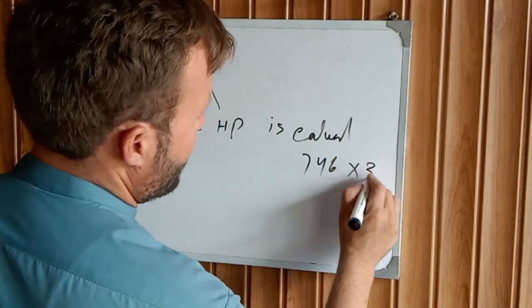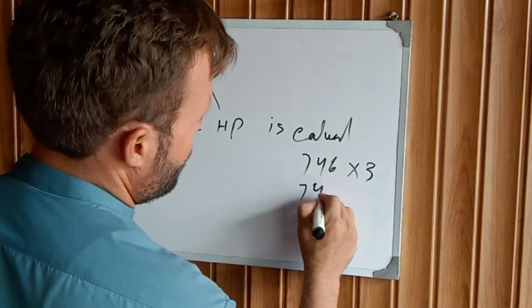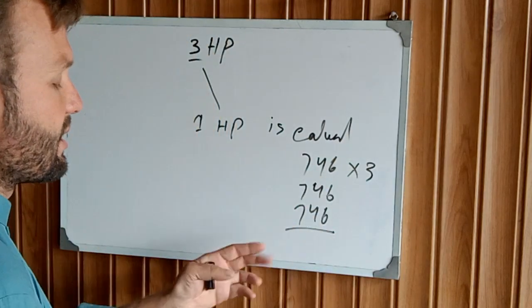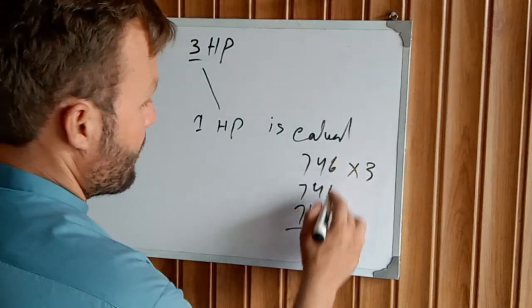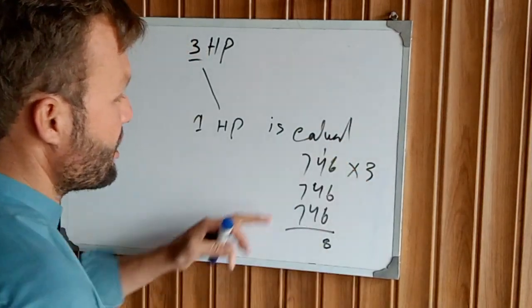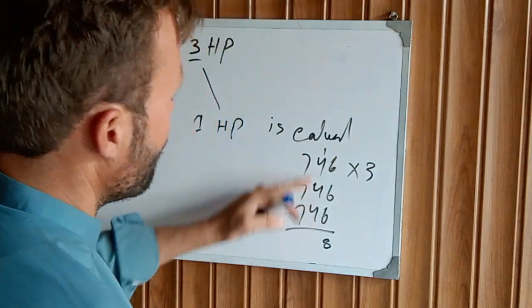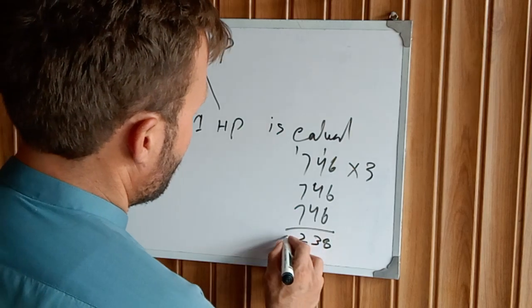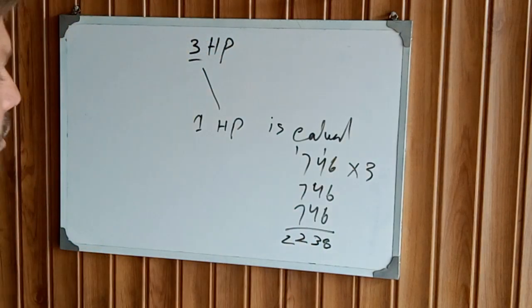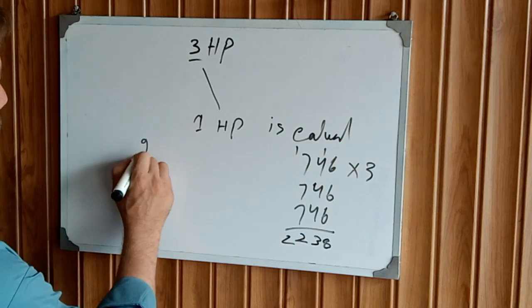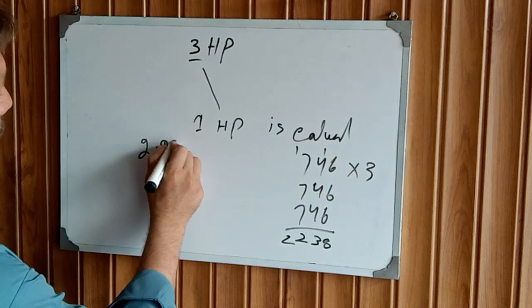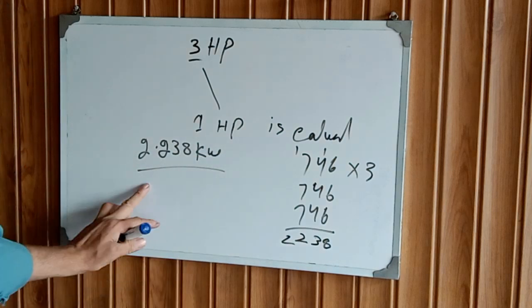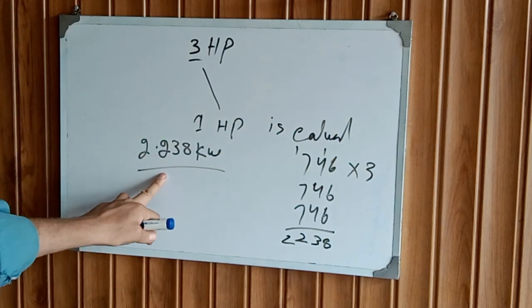You multiply this with 3, and that means we have a load of 2.238 kilowatt. This is your 3 HP to kilowatt.